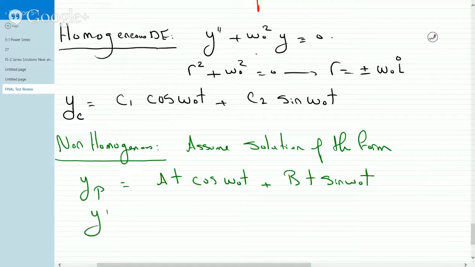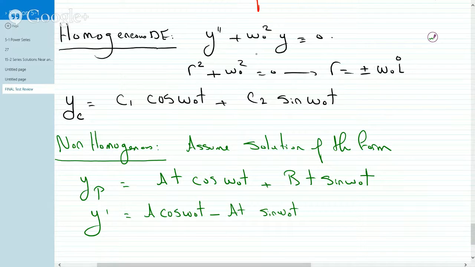So y prime, product rule on both terms, we get a cosine omega 0 t minus, derivative of cosine is minus sine, so this is a t sine omega 0 t times the chain rule. We multiply by omega 0, the derivative of omega 0 t.